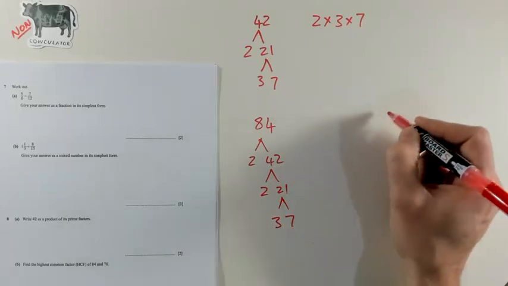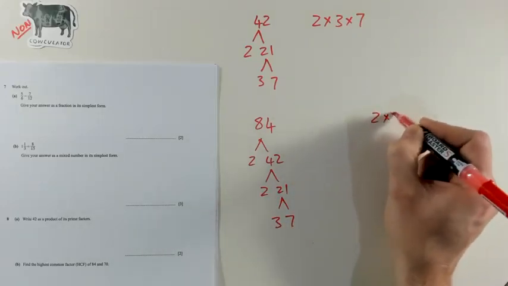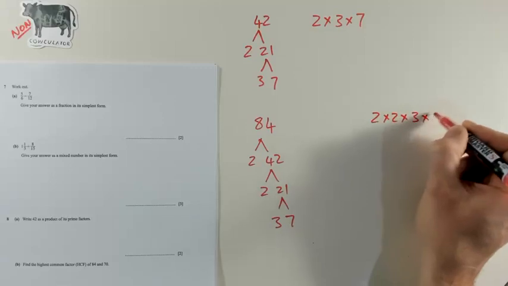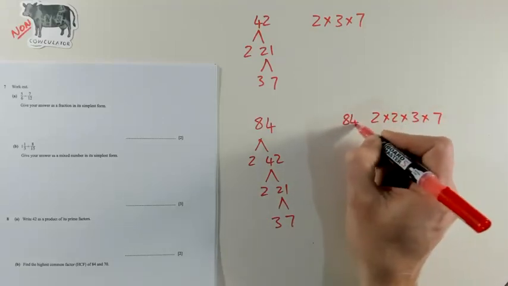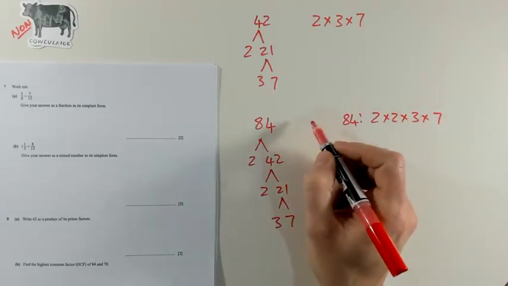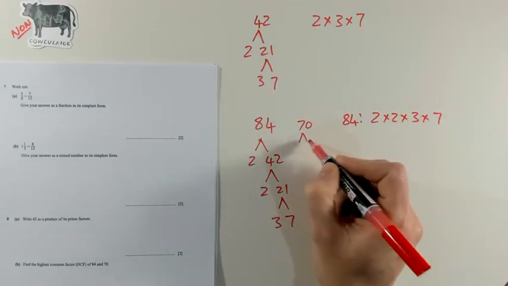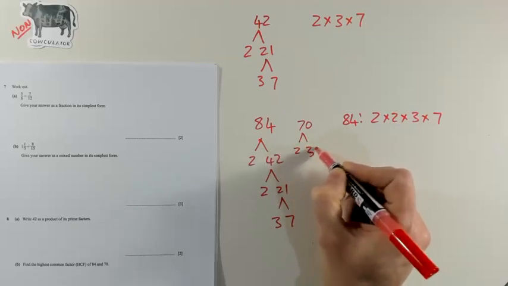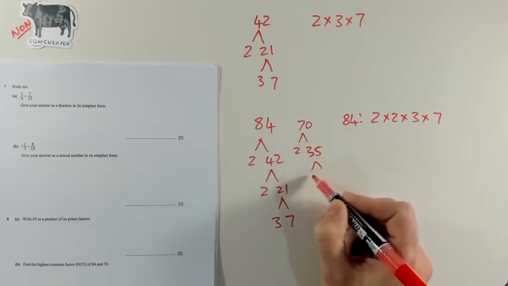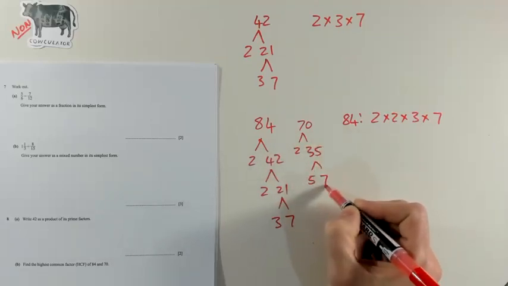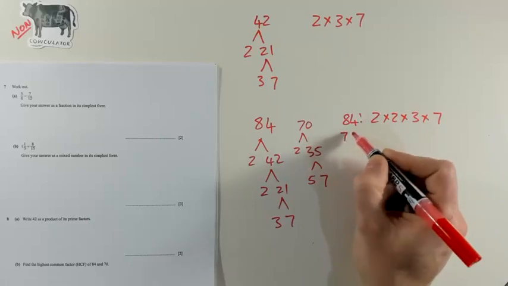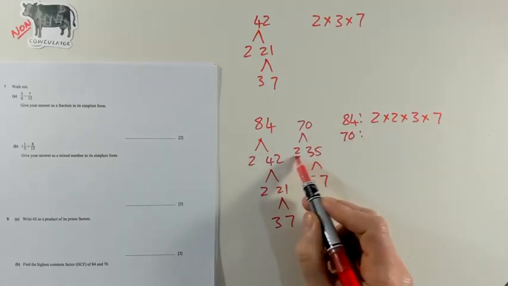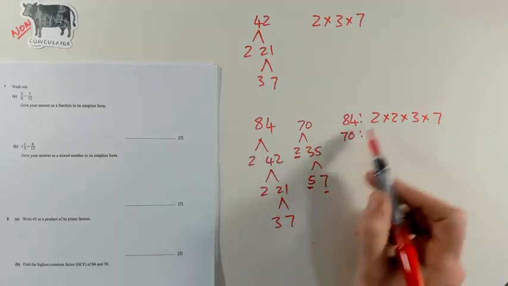So I can write 84 as 2 times 2 times 3 times 7. So that's 84. And then for 70, we'll do 2 times 35. And 35 is 5 times 7.